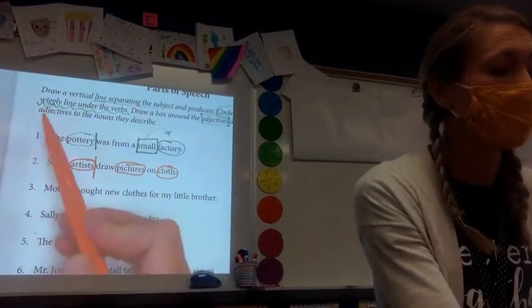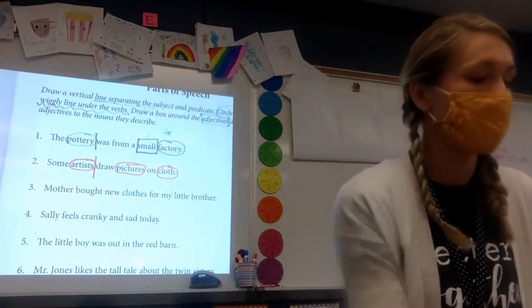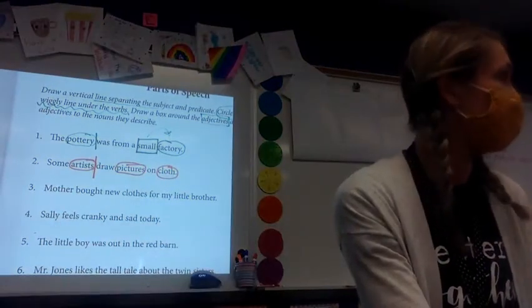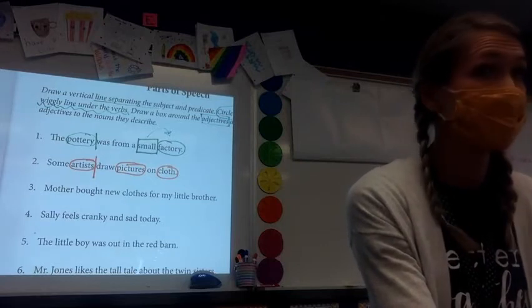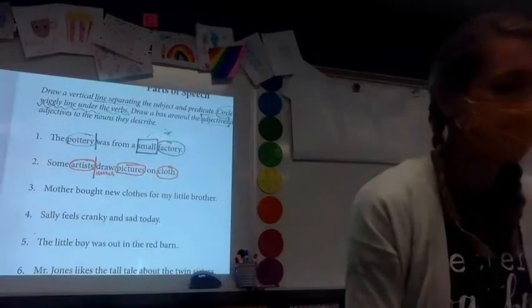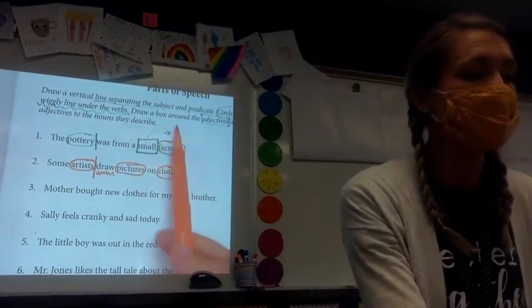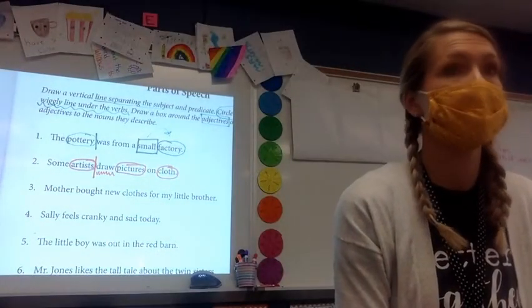Next up, I need to draw a wiggly line under verbs. Verbs are action. What is my verb? Or do I have verbs? Yes. What is it? Draw. Wiggly line it. Next up in my directions is a box around adjectives. Do I have any adjectives? Yes.